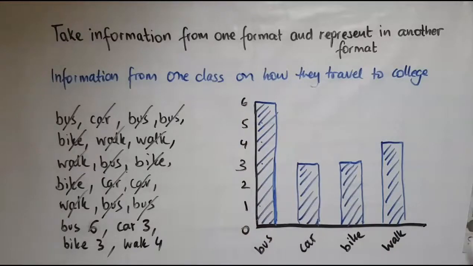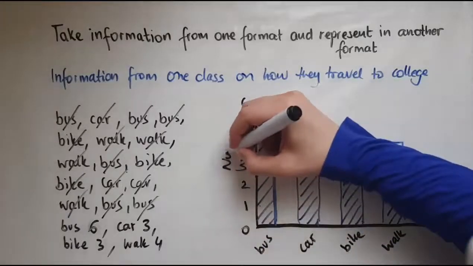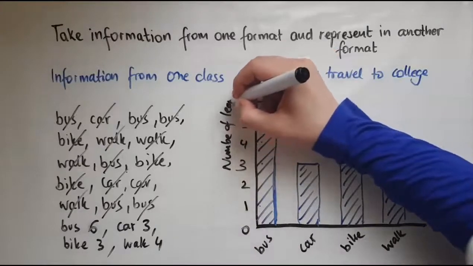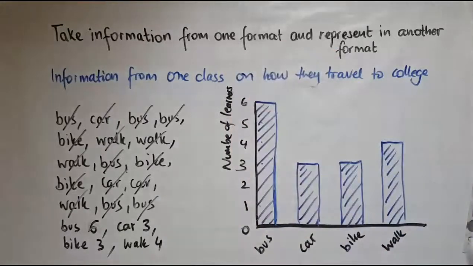What does that mean? That is number of learners or number of people. And bus, car, and bike and walk, that is modes of transport or modes of travel.